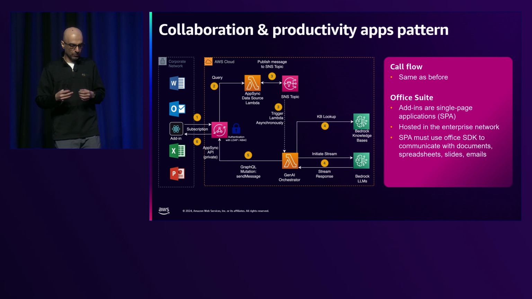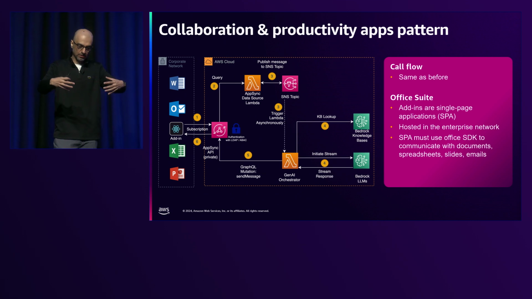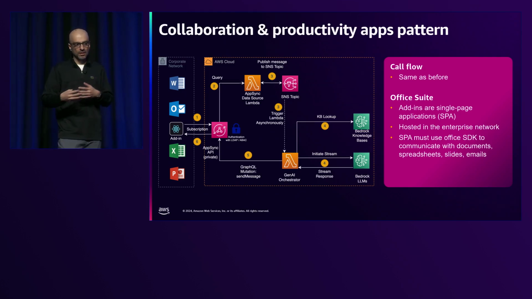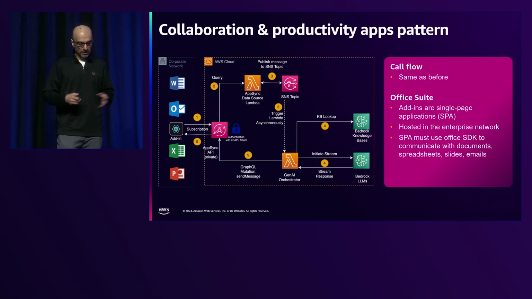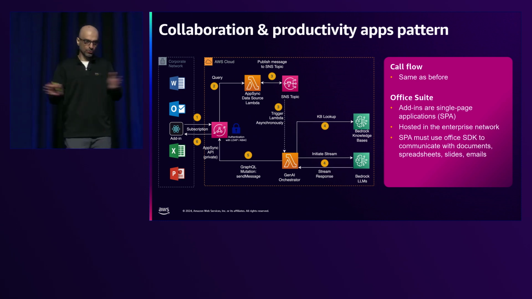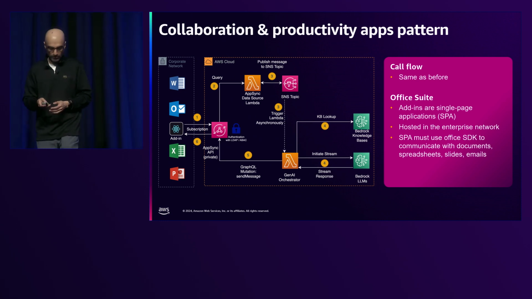We'll talk a little bit about what those are. There's a concept of an add-in. An add-in is hosted internally within the enterprise, so securely, using your own security guardrails. AppSync has the capability to do authentication and authorization using your own identity providers, and you'll see that in the next slide. And the nice thing about this add-in is that it will work across the board in all your Microsoft productivity apps.